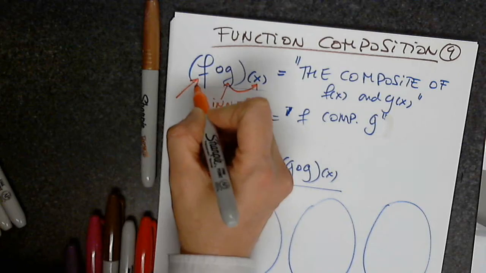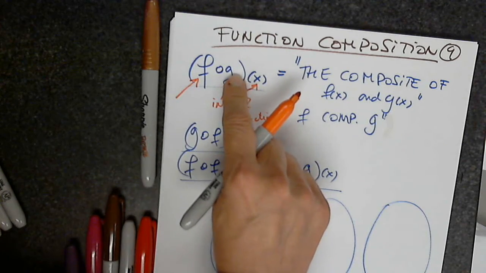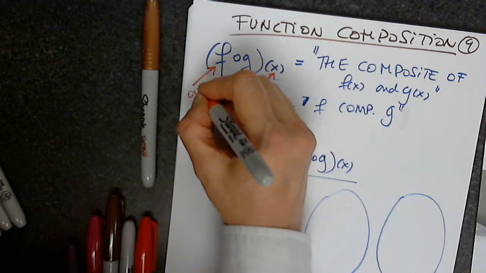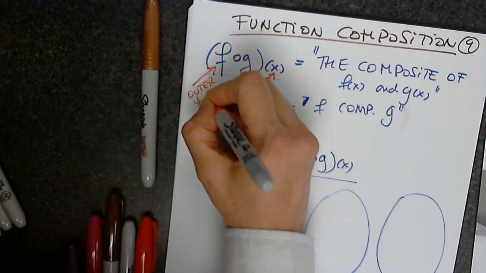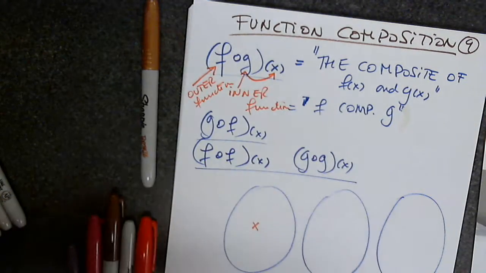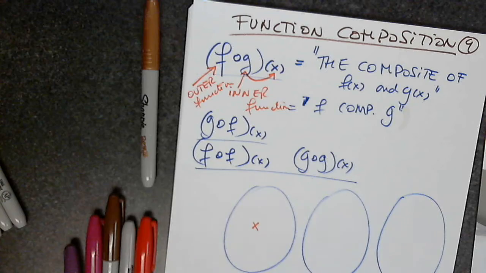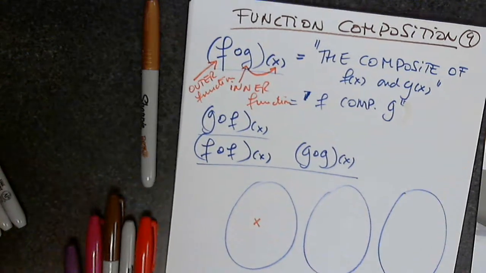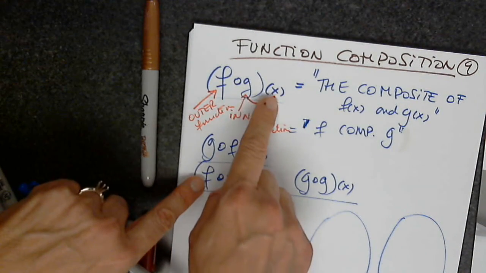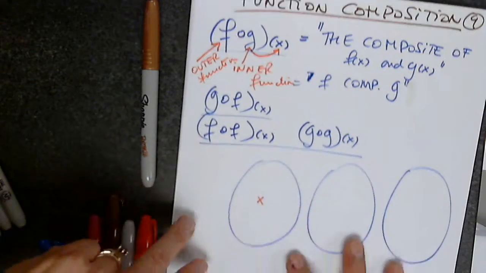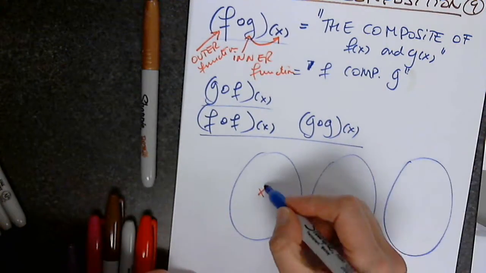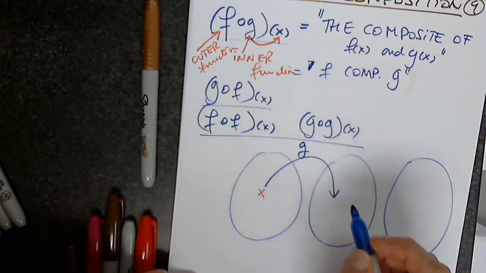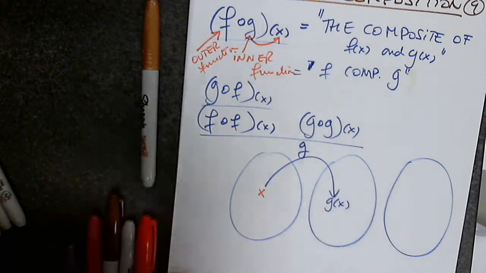The next function I apply to g of x, you'll see in a moment, is called the outer, assuming we only have 2. So here's the mechanism. I apply g to x. So this is x. I apply function g to it, and I get g of x.